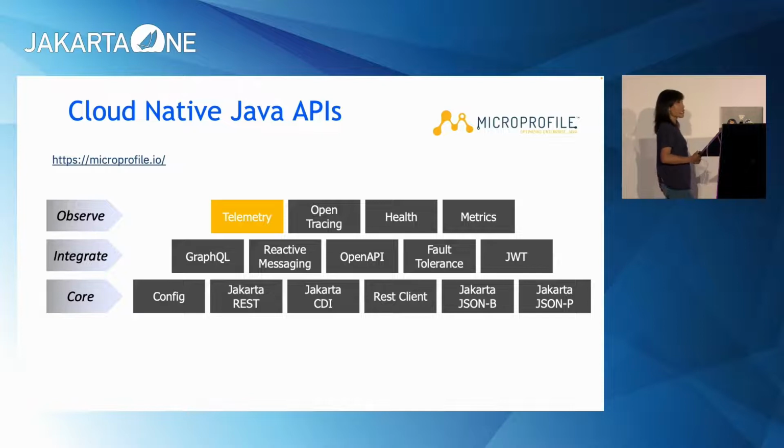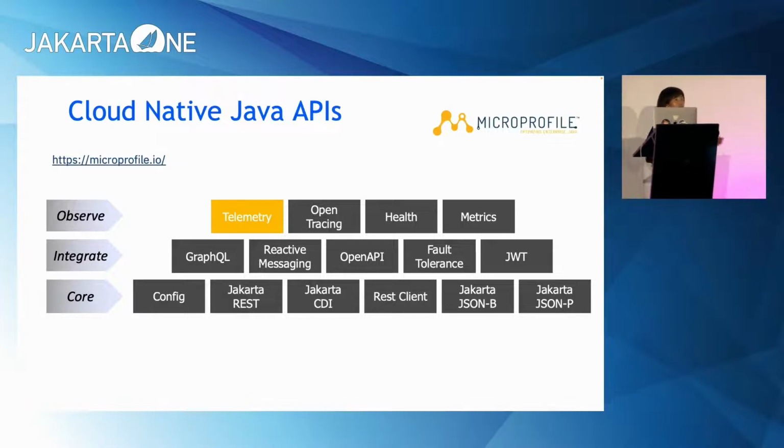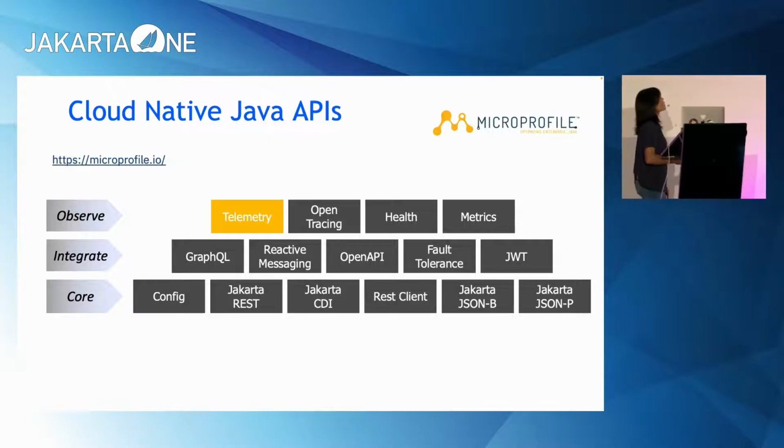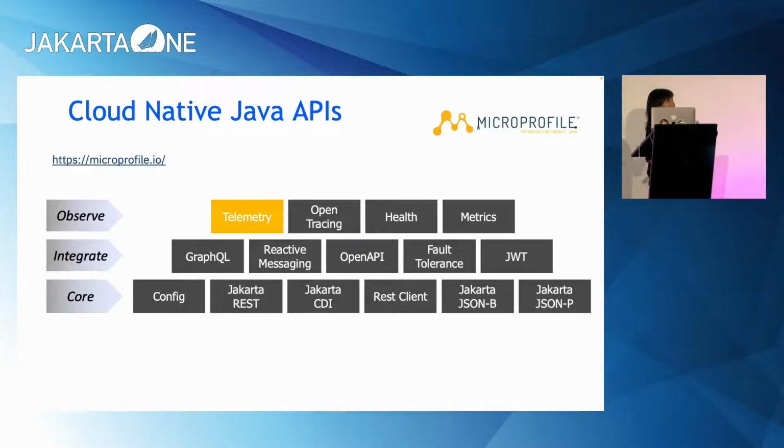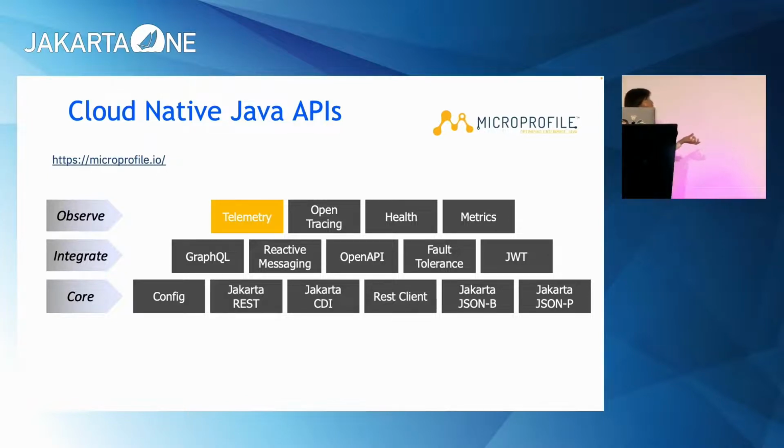And also, if you have a frequent query to run, you might consider using MicroProfile GraphQL. And on the top, this is all about analytics, observability. So you use OpenTracing to directly connect all the traces back together to form one trace. And also you use MicroProfile Health to directly communicate with Kubernetes.